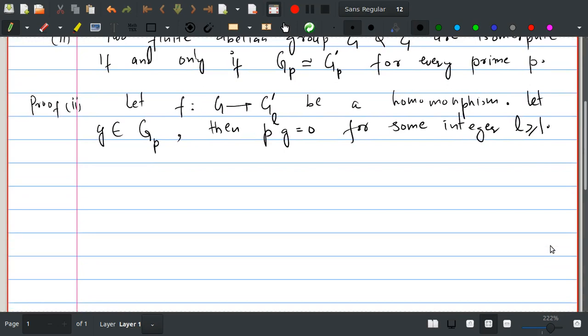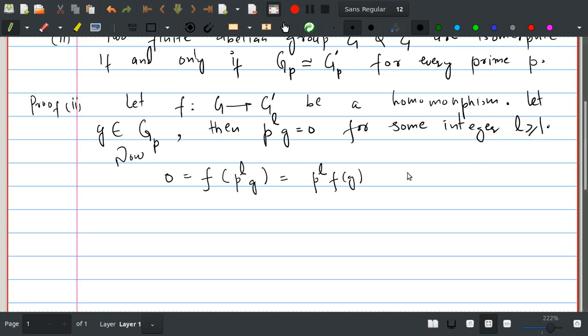Now f being a homomorphism takes 0 to the 0 of G prime. So this 0 is the same as f of 0, and f of 0 is the same as f of p^l g, because p^l g is 0. Now this is p^l times f of g.